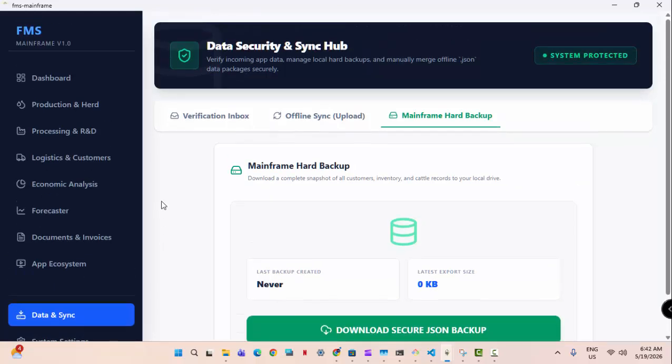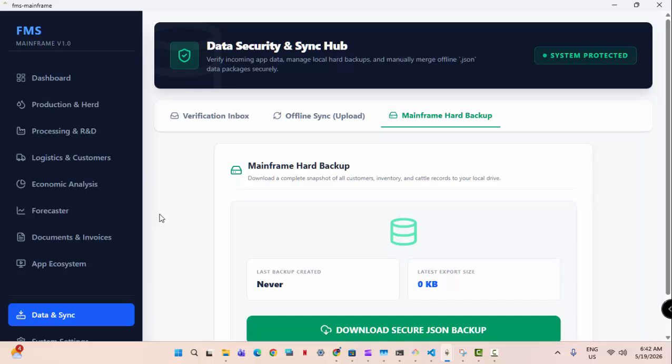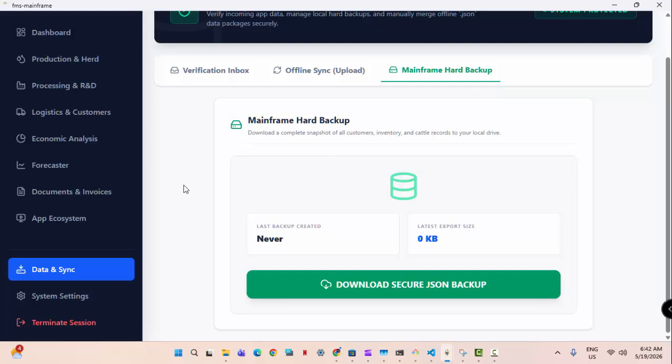So that was it, and I hope this is quite an interesting software, and this has been developed from personal field experiences, and it has been built by keeping small farmers in mind so that this unorganized sector could be streamlined.